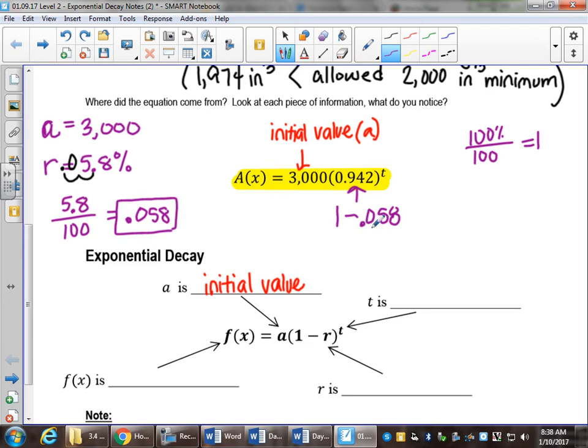Make sure you really actually try that in your calculator to see that it comes out to be 0.942. So this is 1 minus the growth rate. That action of 1 minus the growth rate gets us the growth factor.